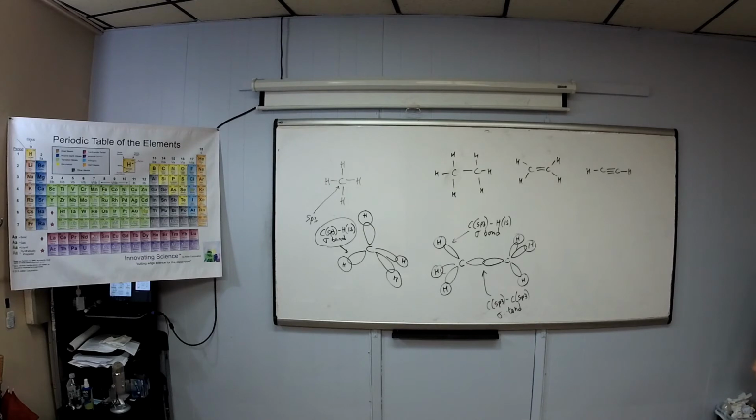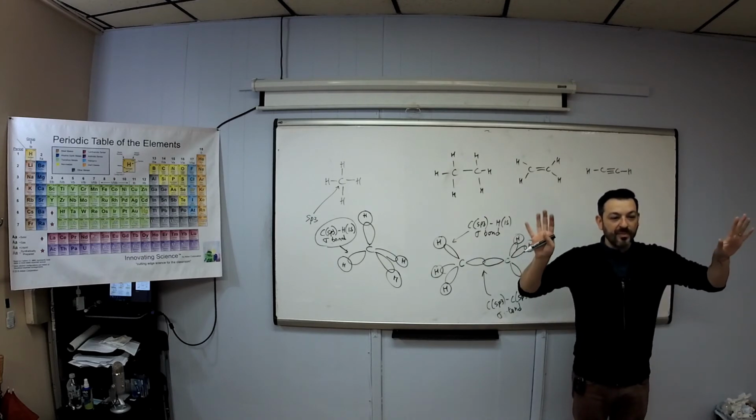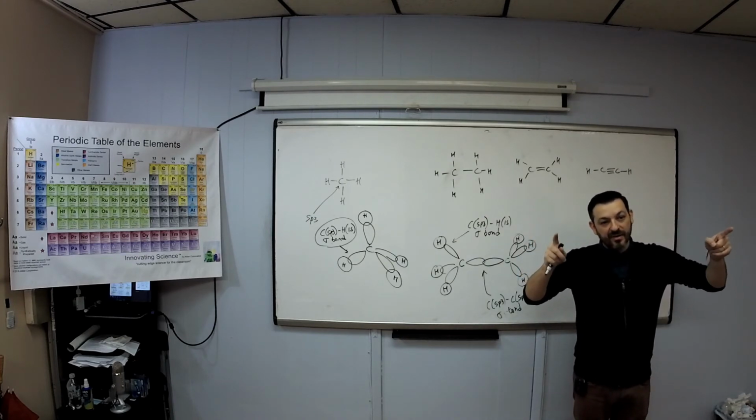By the way, does anybody remember why we went on this crazy orbital mission? There was one example that I said we really need to understand in a complicated way, and then we went on this crazy orbital mission, and then I started talking about wave dynamics, quantum mechanics, and so on. I drew resonance contributors, and I said, what's the hybridization of this atom?